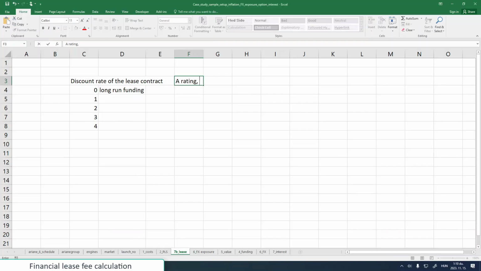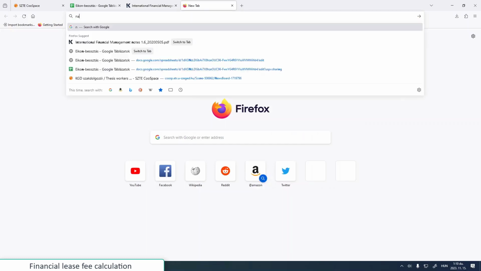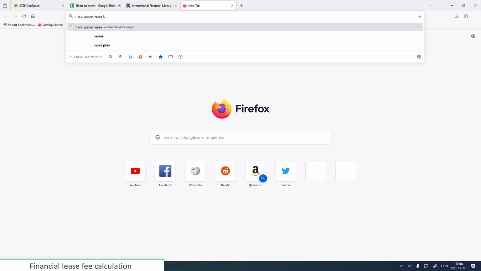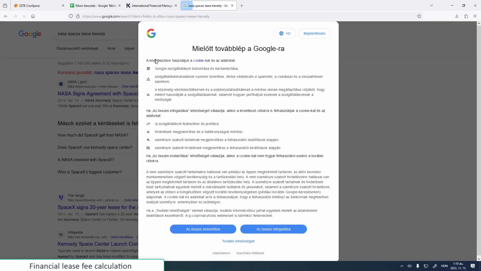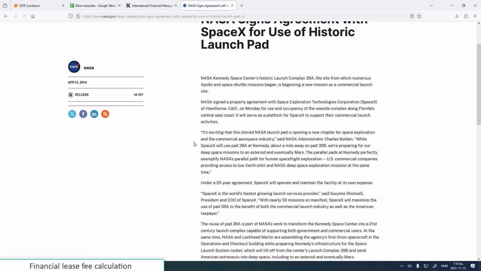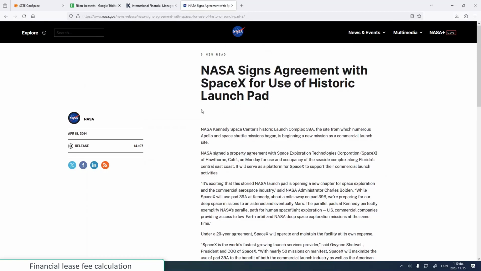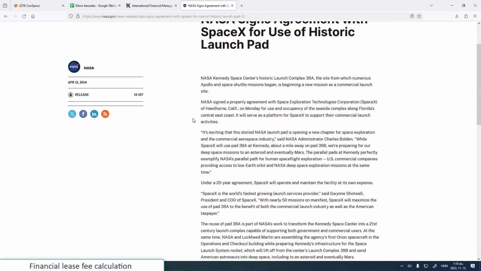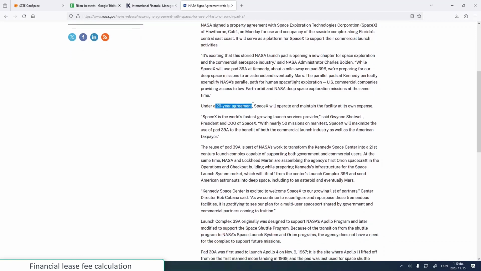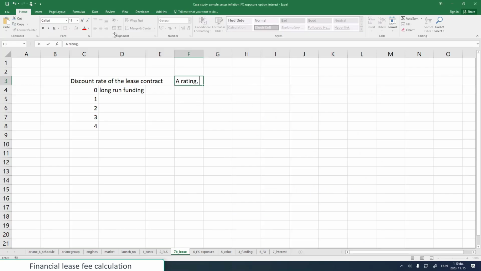We can check this easily because, yeah, this is another science agreement with SpaceX for use of the historic launch pad. So practically they tear down everything and they rebuild their own stuff. 20-year agreement. So we can say that okay, funding is for 20 years.